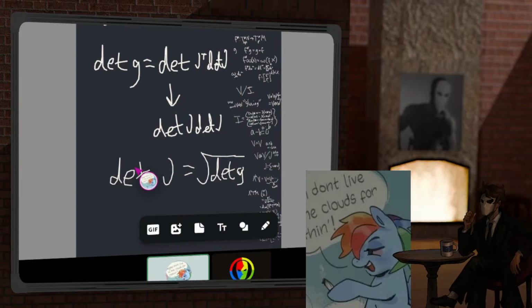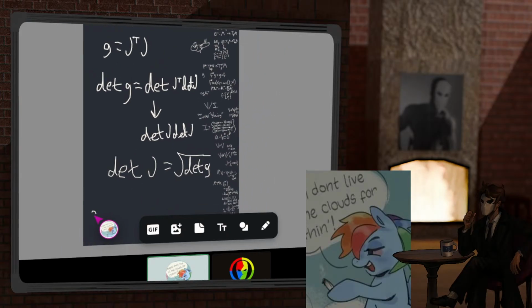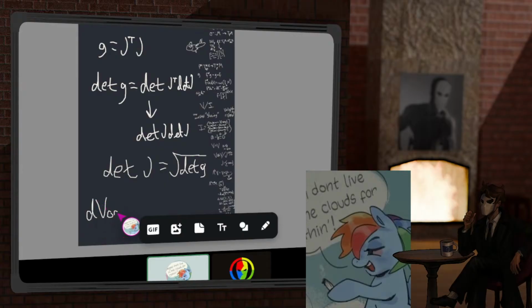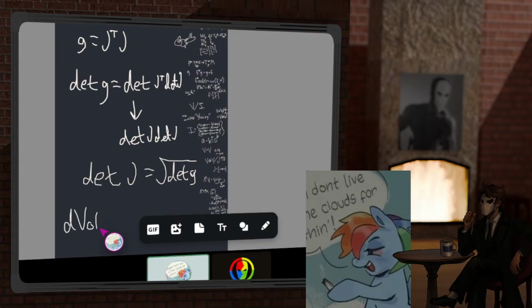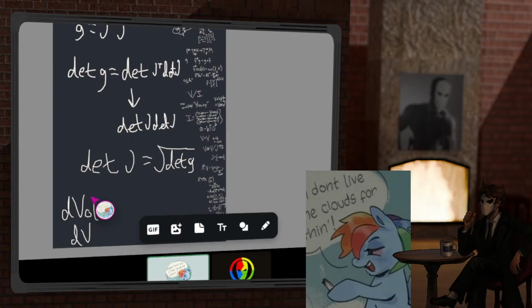In fact, we have something we can call a volume form, which is denoted in lots of ways, usually dV or dvol.